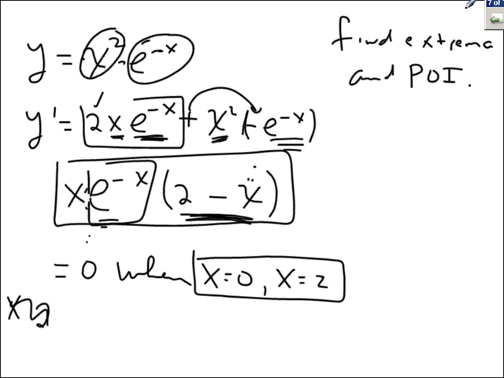If I plug in a number a little bit less than 0, the second factor will be positive, it always is. 2 minus something close to 0 is always positive. But the first term, x, will be negative. So the overall result is negative.